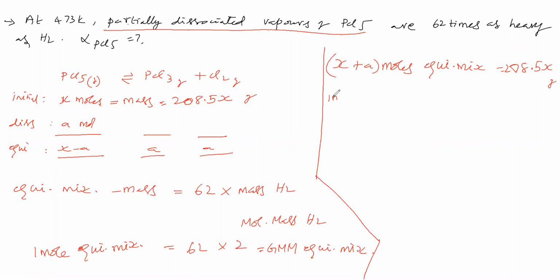Therefore, 1 mole of equilibrium mixture mass is equal to 208.5x by x plus A gram. This is equal to 62 into 2.